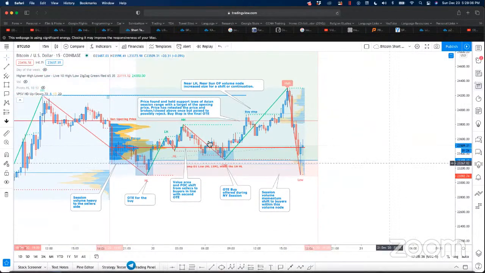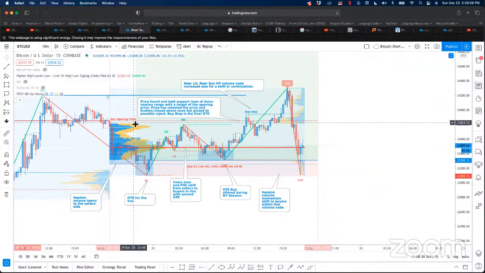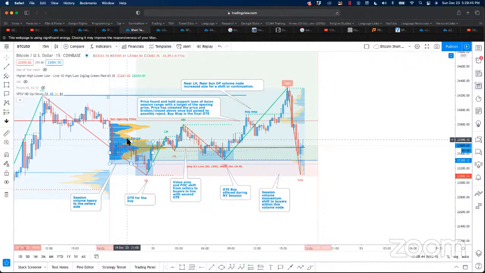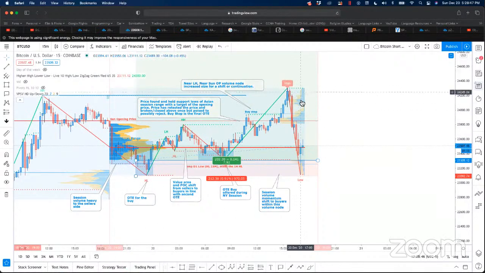You can see the changes in sentiment by looking at this, where the majority of the trading volume of the day is here, and you have a shift in the direction of the market here and here. This doesn't mean that it's buying or selling per se.